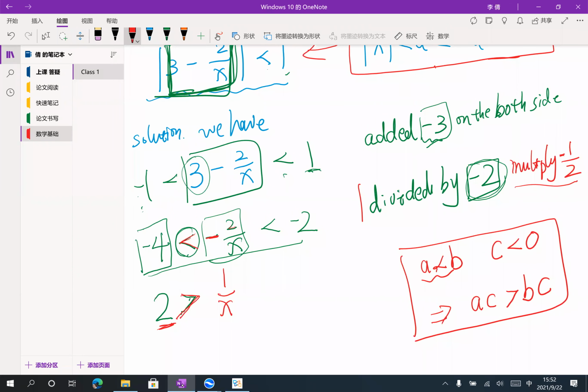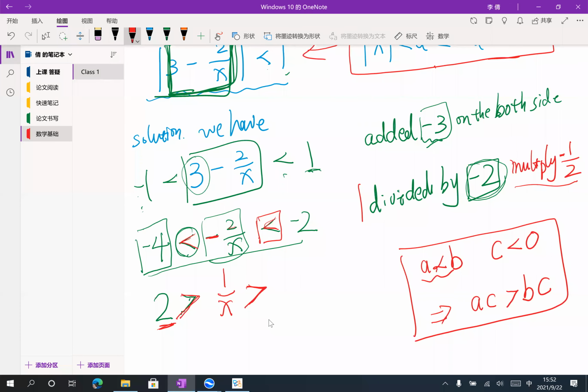And then for this inequality, we multiplied by a negative number, so it will also reverse the inequality. This is smaller than, so this will be larger than.